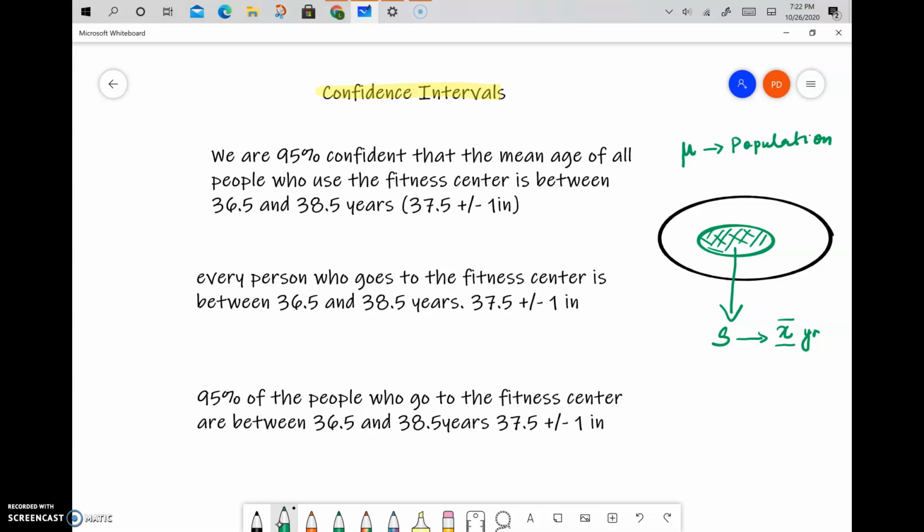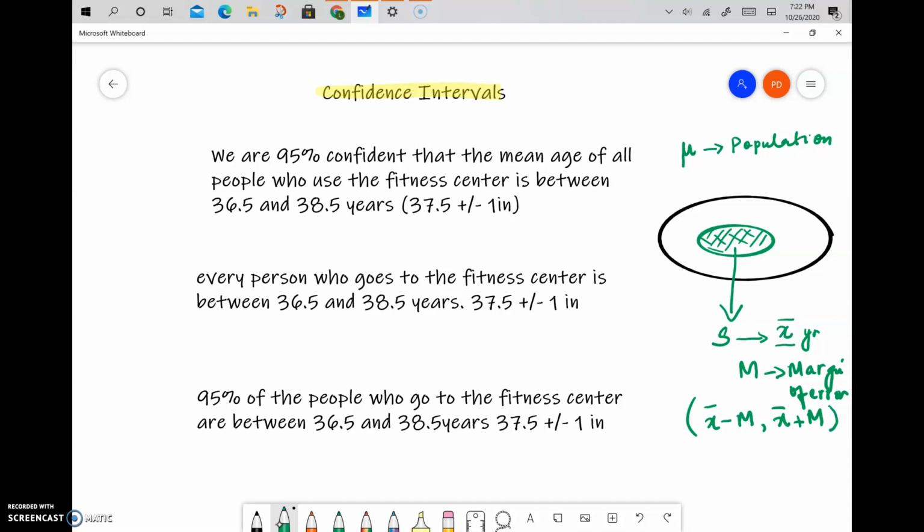Now, once we collect X bar, we calculate M, which is called the margin of error. Using the margin of error, we take X bar, subtract the margin of error, and add the margin of error to X bar, and we get two numbers. This is what gives us a range of values.